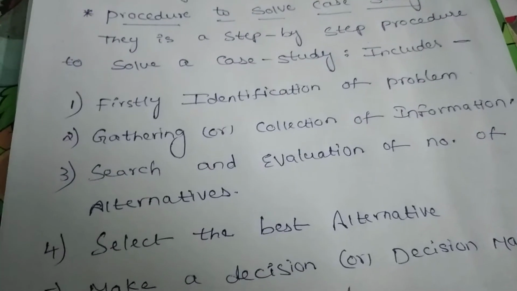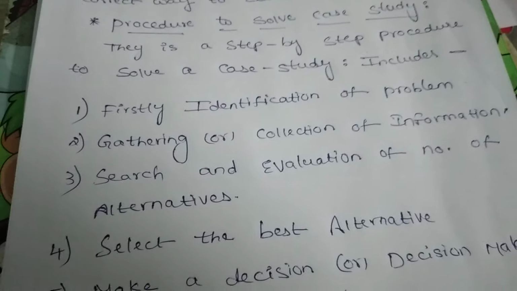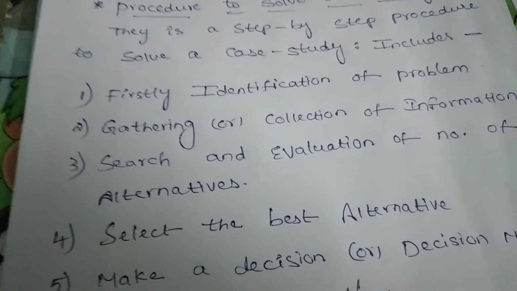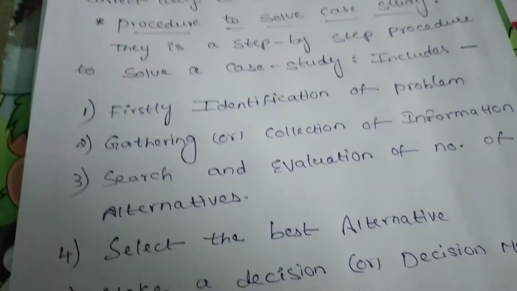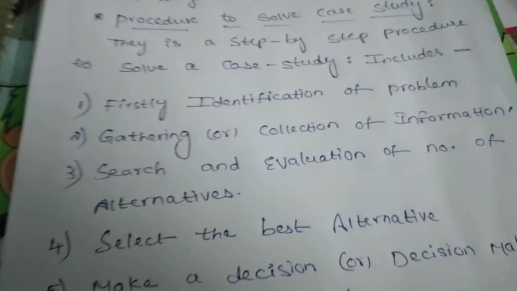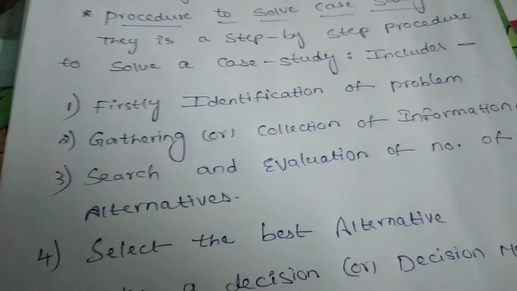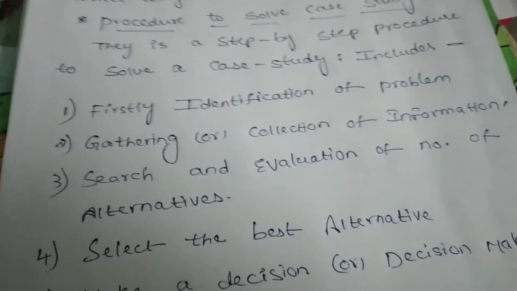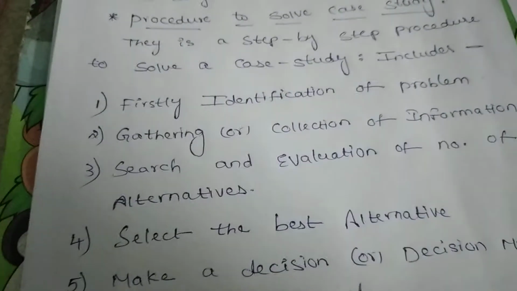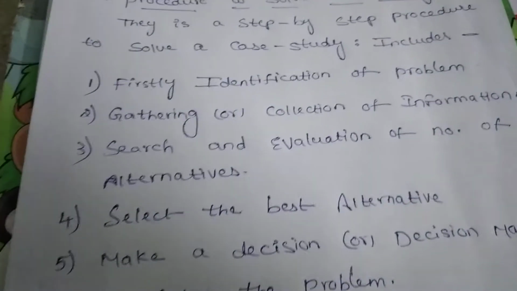Experiences of others with similar problems: somebody may have experienced the same problem in the same organization, and we should take those experiences. We should research that problem, make some findings, and take expert opinions, laws, public opinions, polls, etc.